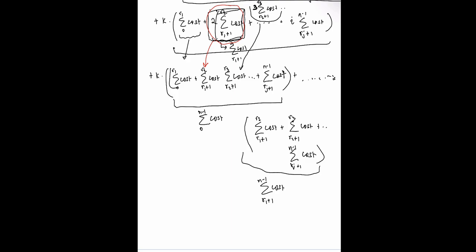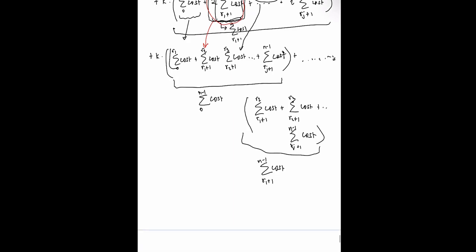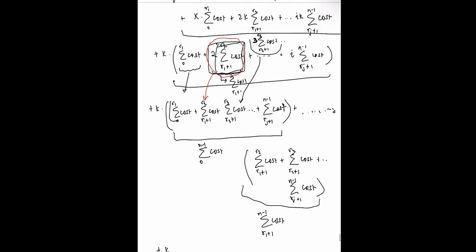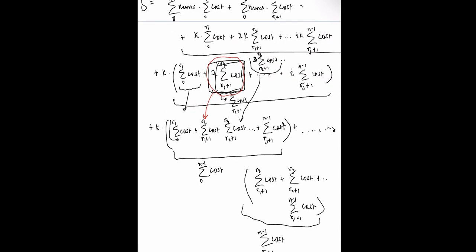So doing this for everything, I'll end up with a formula something like this. So let me write it down again. This part stays the same, right? And then I have k into the start of the first subarray till n minus 1.